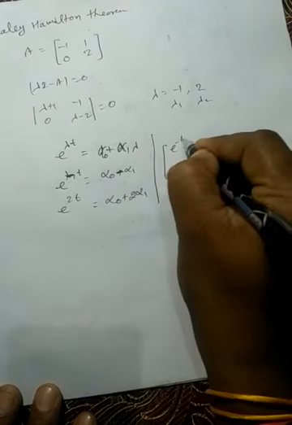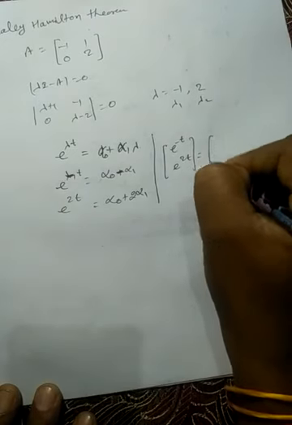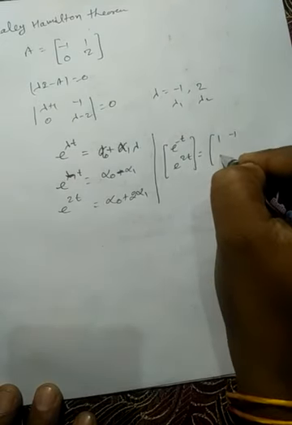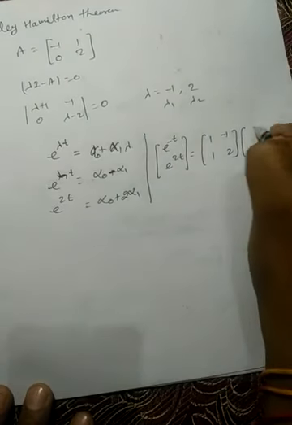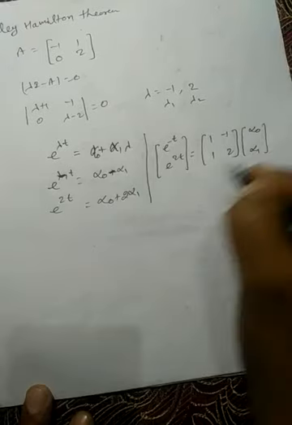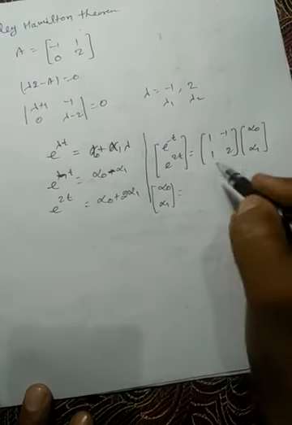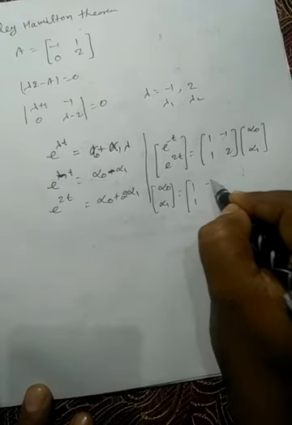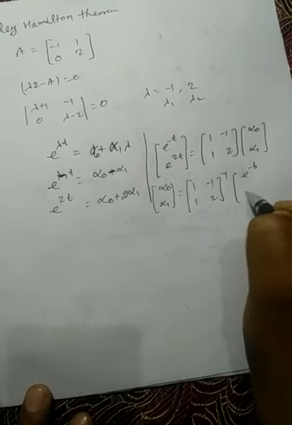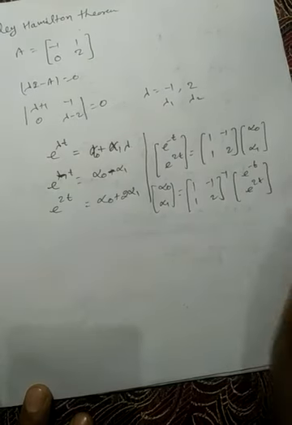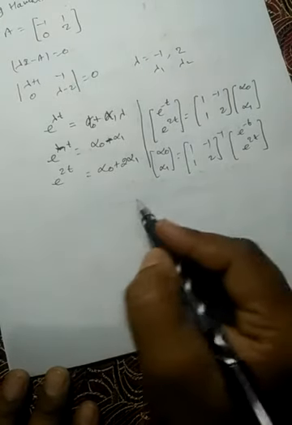In matrix form, [e raised to minus t; e raised to 2t] will be equal to [1, -1; 1, 2] times [alpha naught; alpha 1], so [alpha naught; alpha 1] equals [1, -1; 1, 2] inverse times [e raised to minus t; e raised to 2t], right? Now find its inverse.